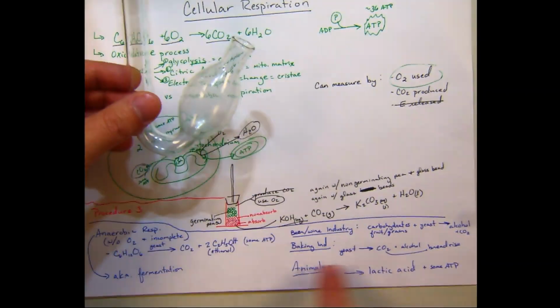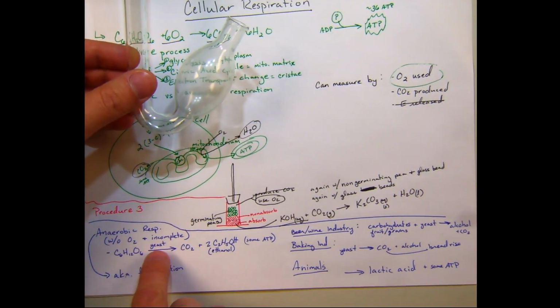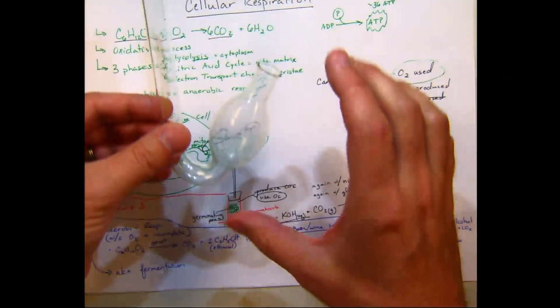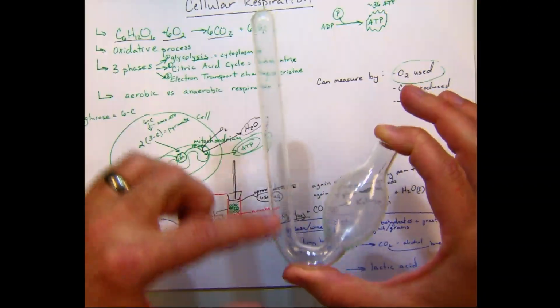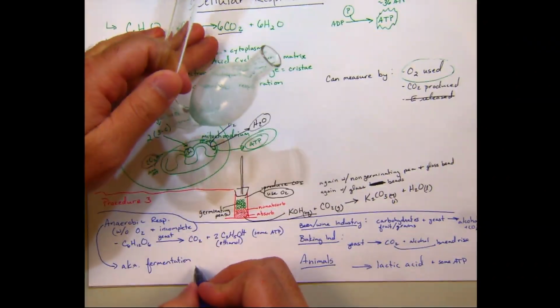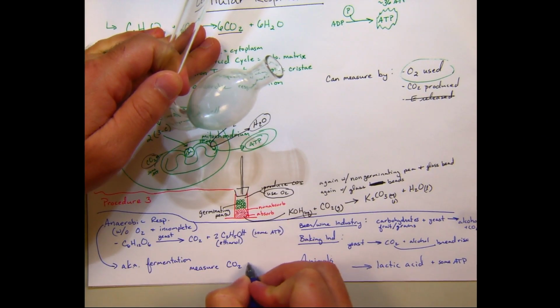So let's see. We're going to have some carbs. We're going to have some yeast. So we're going to be producing two things. And you're going to smell what it smells like. All right? You're going to mix it up when it's all in there. You want to fill this tube all up with water. We are going to measure, I should say, the carbon dioxide produced.